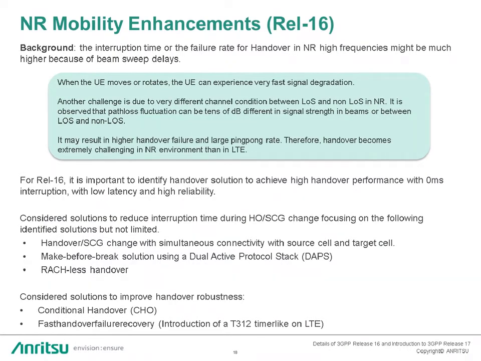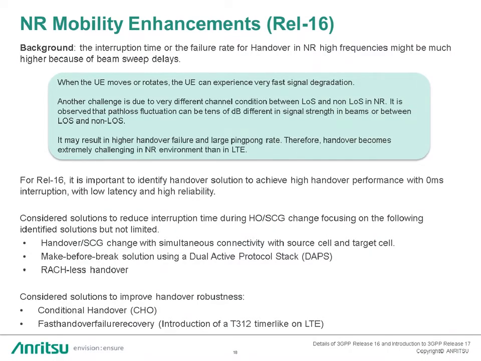So in release 16, what has been done is that, in an ideal situation, it has been designed to achieve high handover performance with 0 millisecond interruption, low latency and high reliability. What this means is that there is handover or secondary cell group change with simultaneous connectivity with source cell and target cell, so that there is no drop of the call.